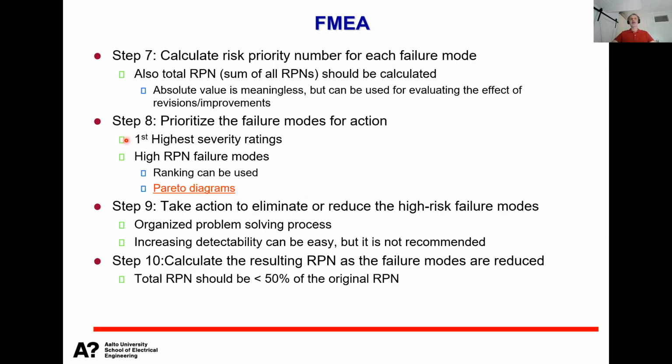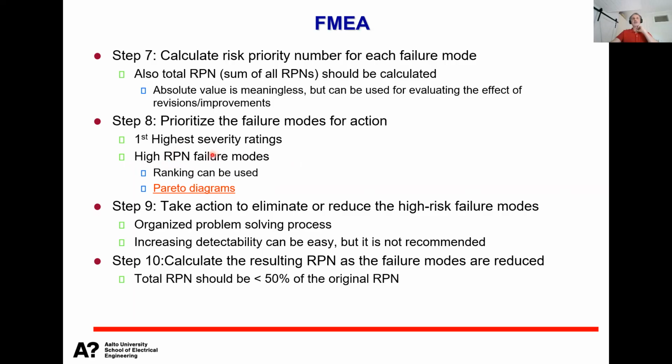So this is a very, very risky problem, but you will never face it. Then you can forget it. But otherwise, you at least consider whether there is something we can do to minimize the severity of these problems. And then you do the other ranking starting from the highest RPNs.